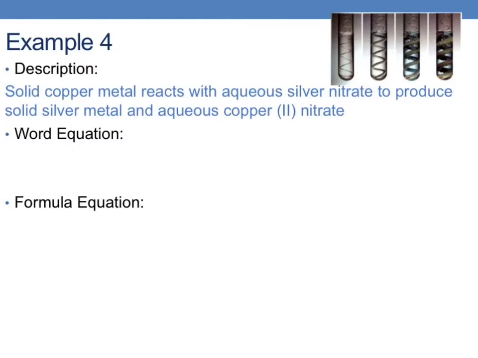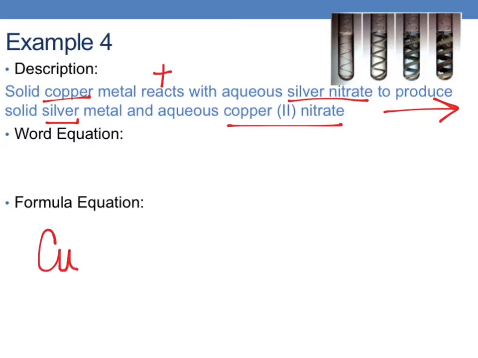All right. So my word equation is copper reacts with silver nitrate to produce silver and copper 2 nitrate. So what's the formula for copper? Cu.